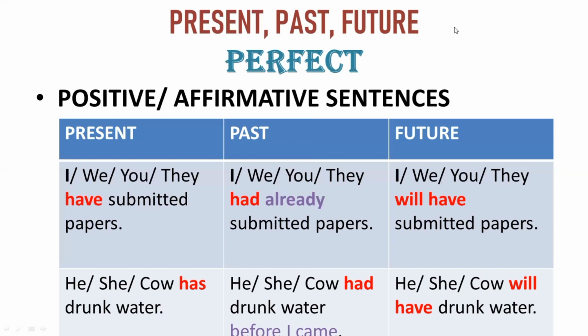So the first example becomes I, we, you, they have submitted papers. If you see the second example, with third person singular, that is he, she, cow, or any other singular entity, has is used as helping verb in perfect tense, and the example becomes he has drunk water. So that is how we do it in the present perfect.